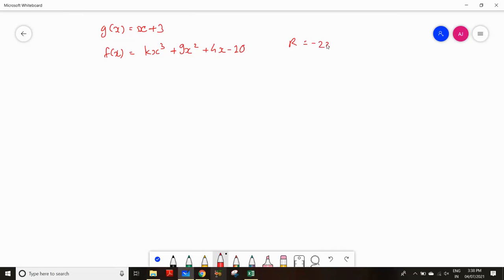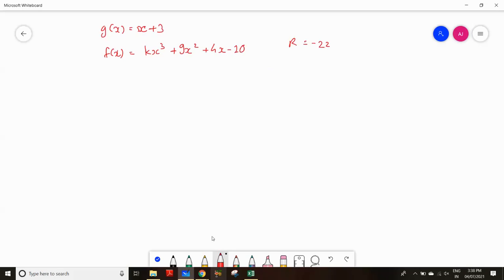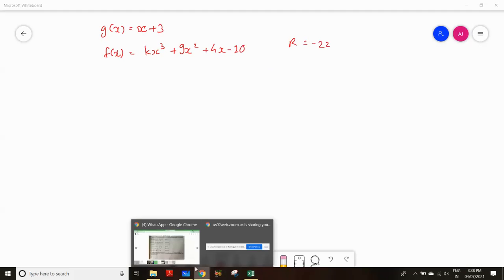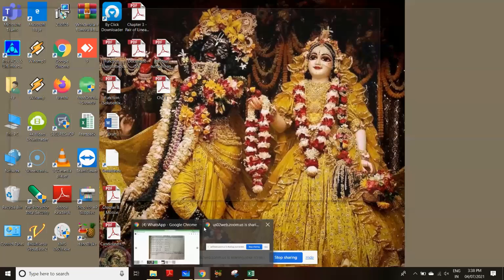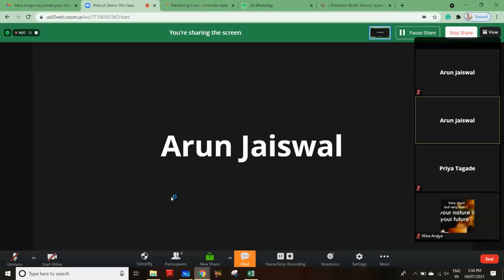So in this case we already have the remainder, we don't have to find it. But then what do we have to find? We have to find the value of k.